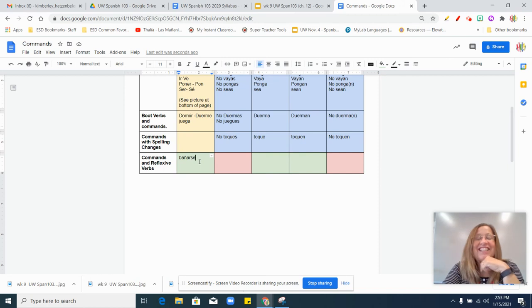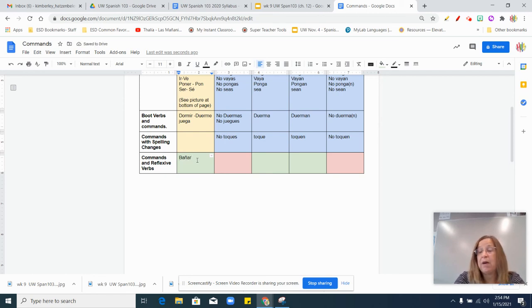All right. So the se form, remember they changed to te, no se, no te. So we are conjugating this in the tú commands. So that's going to change to a te. Actually, let's do it this way. Let's take off the se to start with. And we have a regular AR verb.